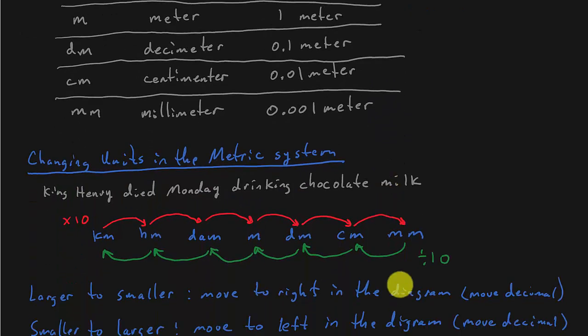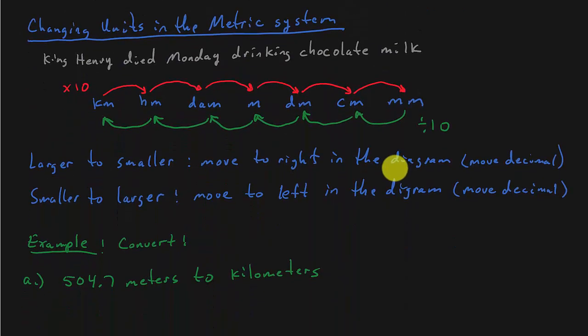All right, so now we've got changing units in the metric system. Here are the examples that we're going to work, and it's really easy if you can just remember this. It's not that bad.